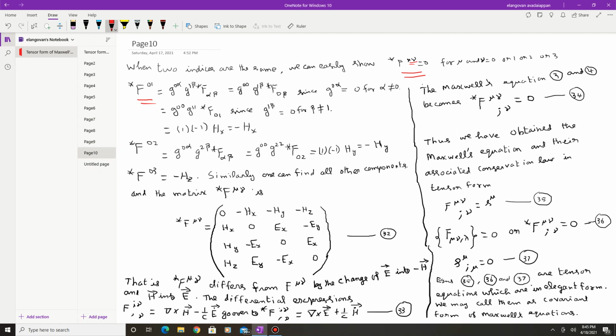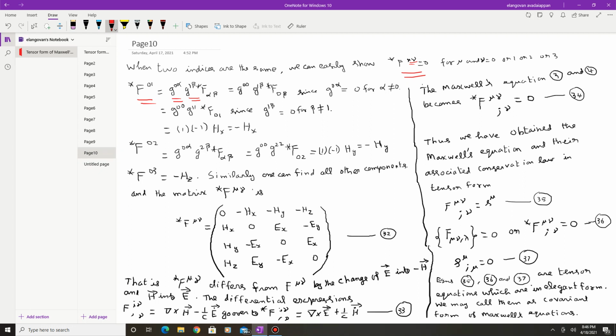This is a contravariant component, so it can be obtained from the covariant component by raising the indices. During raising of indices we use the contravariant metric tensor. If you multiply with one contravariant metric tensor, one index is raised, and if you multiply two contravariant metric tensors, two indices are raised.